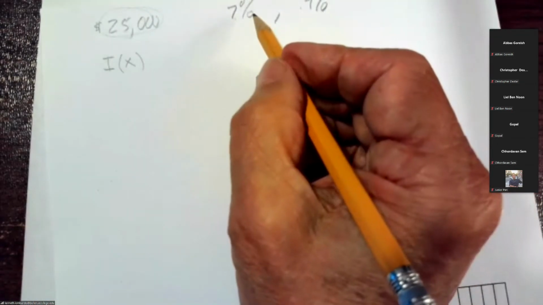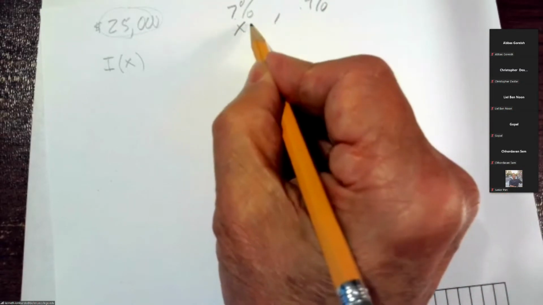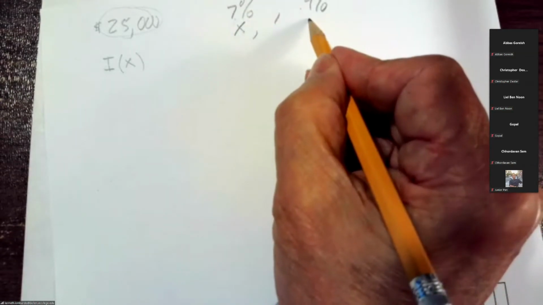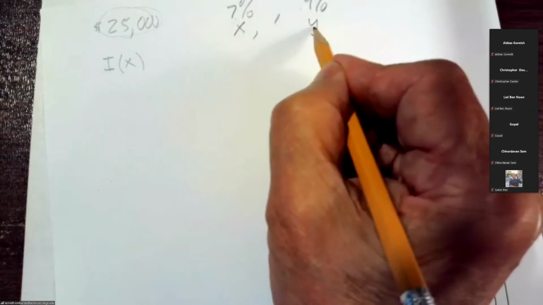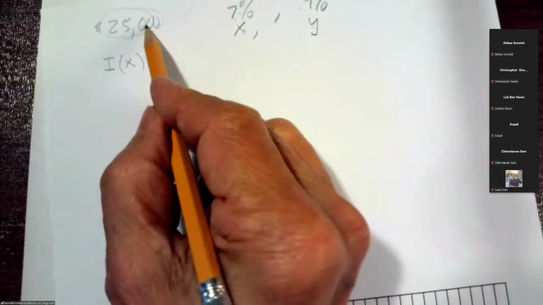Let's say we have X invested at 7% and Y invested at 9%, and the total amount is 25,000.